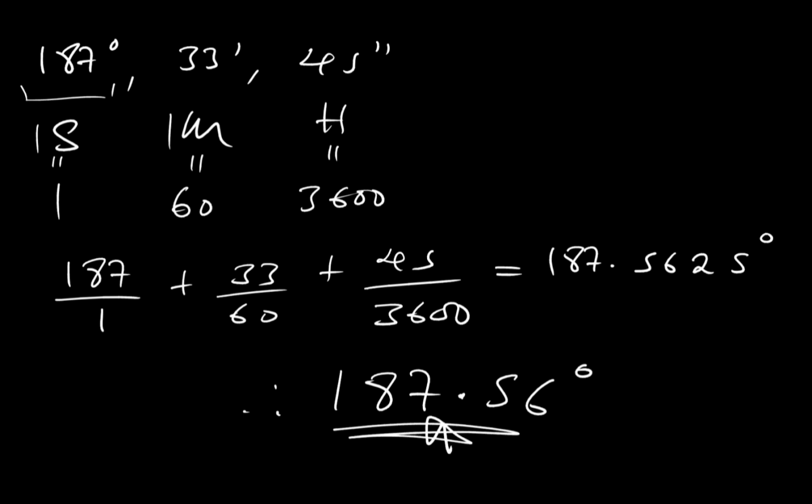At times, they would want to confuse you and give you something a bit absurd or in a different manner. Say you have an example where you have 187 degrees and 33 minutes only. Imagine you haven't been given the seconds. What are you going to do? Basically the same thing, because the goal is just to convert to degree form, which is what we did in our previous example.